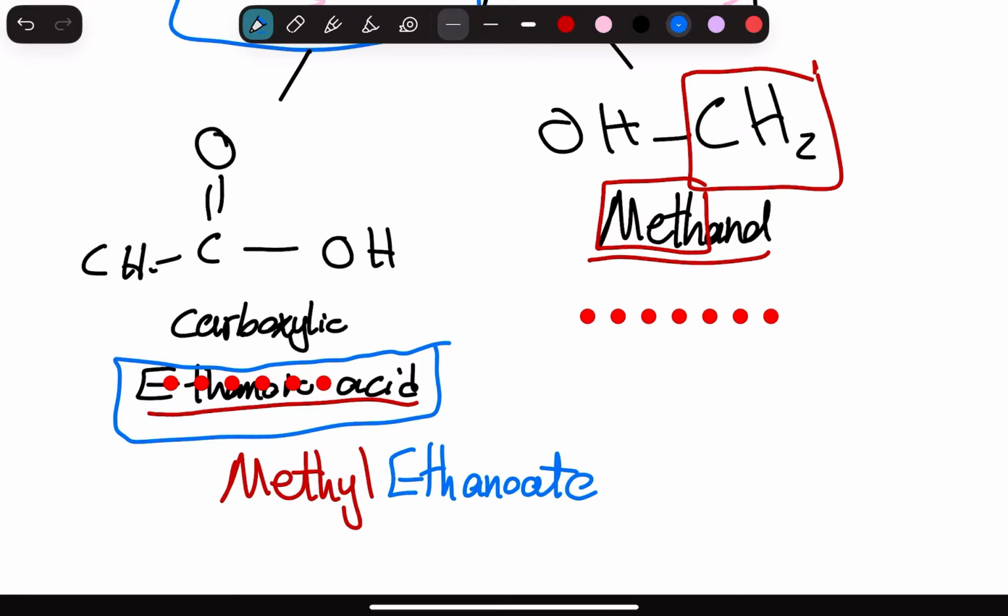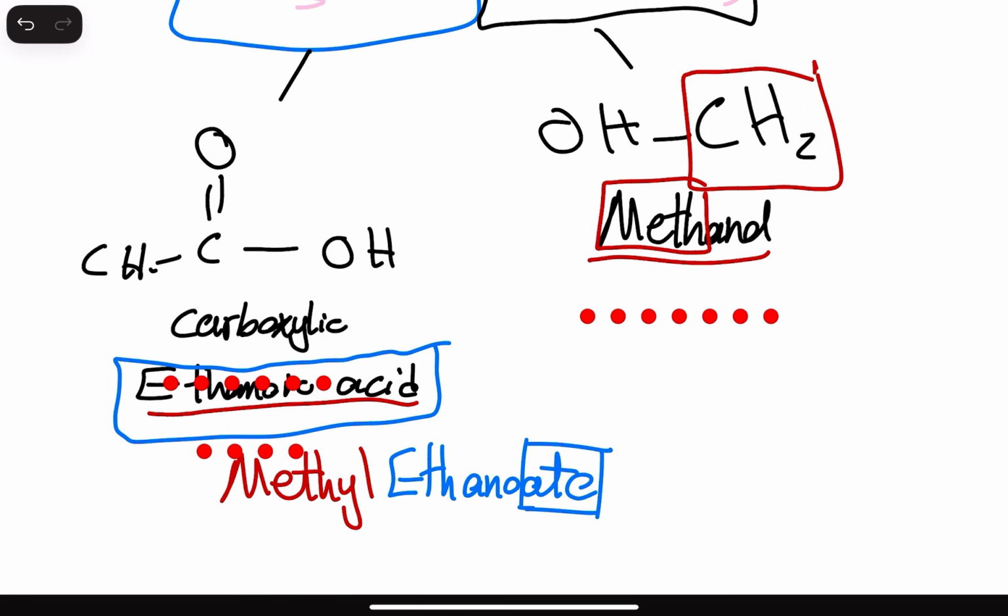So that would be how we would name our esters. So it has that ate ending, and we used the alkyl group from the alcohol and the carboxylate name of the carboxylic acid. So we took the carboxylic acid and we added ate to it. That would be our second word.